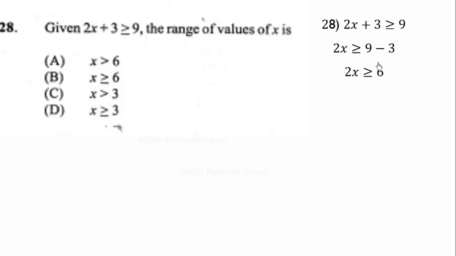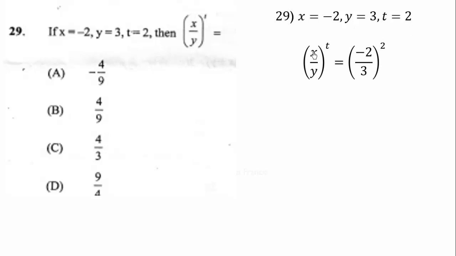We simplify on the right to get 9 minus 3 is 6. Now we divide both sides by 2 to get 2x over 2 is greater than or equal to 6 over 2. Now note that 6 over 2 will give us 3. So the correct answer is D.